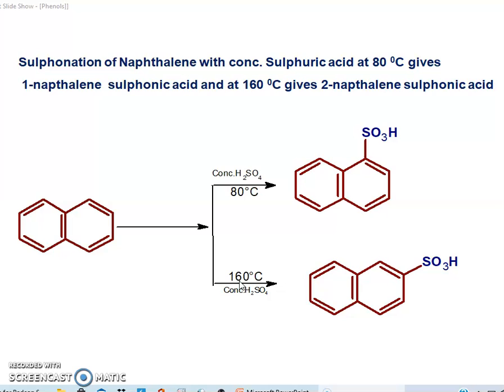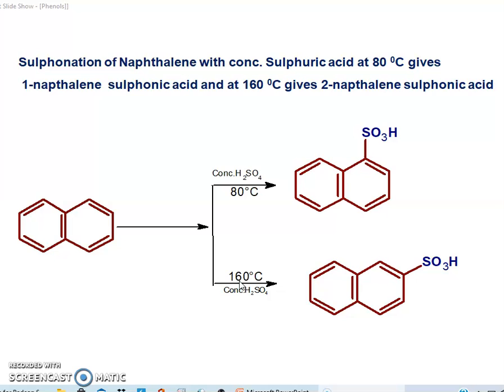But why is it observed? Because the sulfonation of naphthalene with H2SO4 at 80 degrees centigrade gives mainly the alpha product, whereas the same reaction carried out at 160 degrees centigrade gives the beta product.